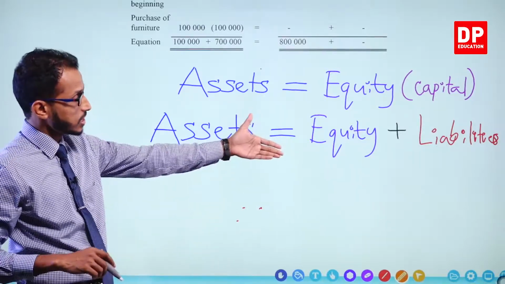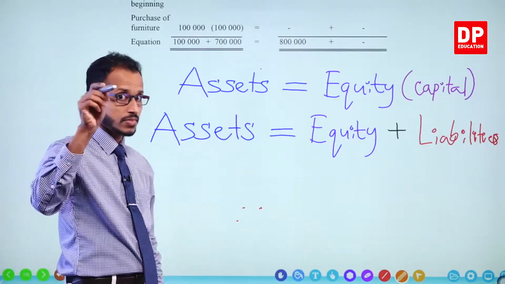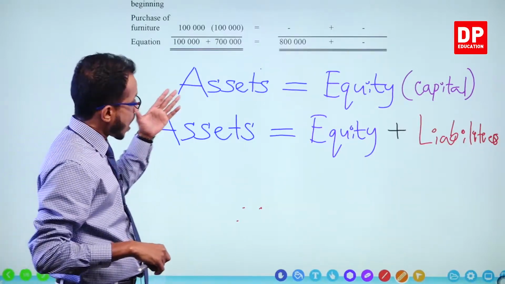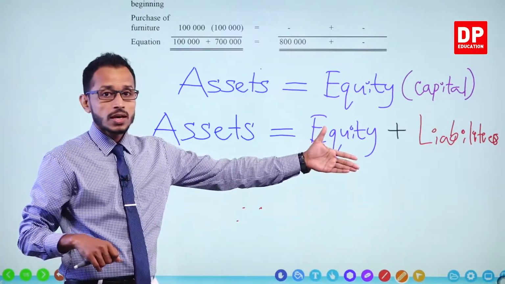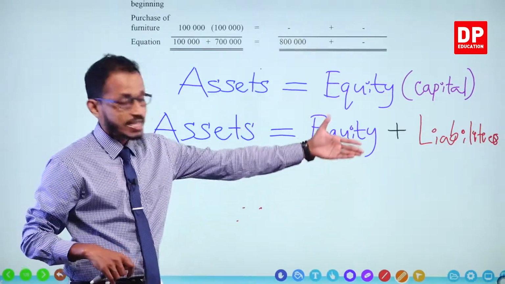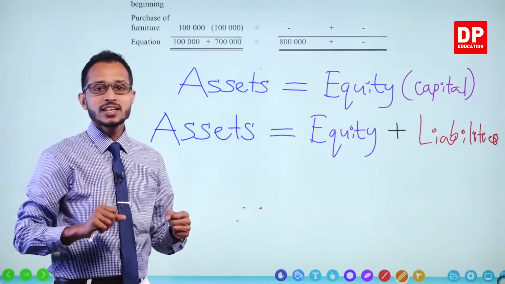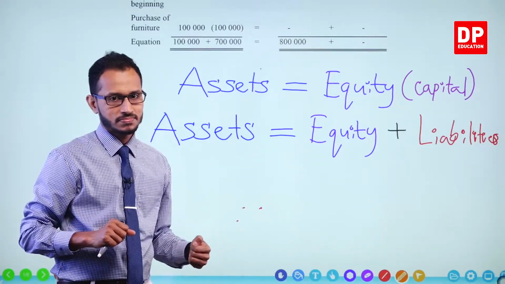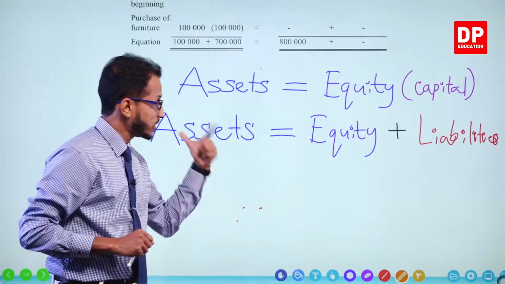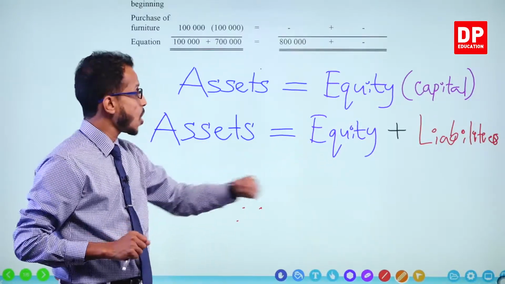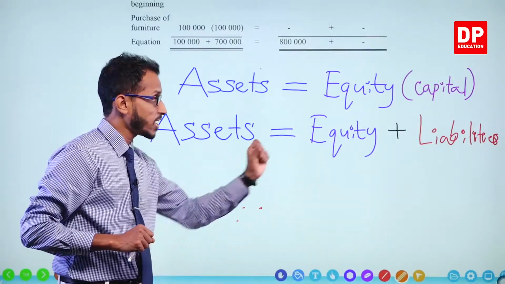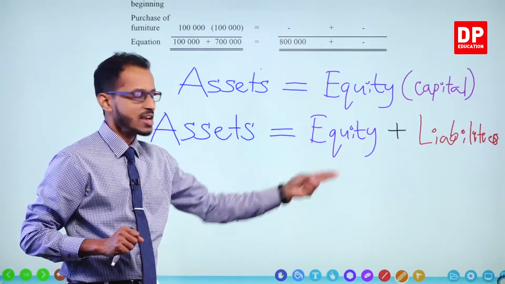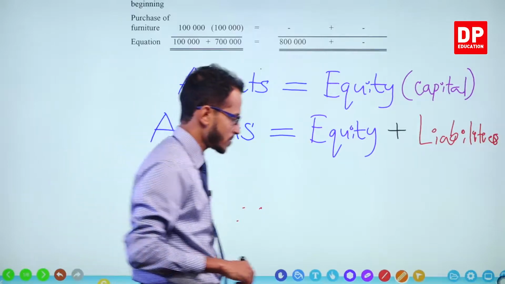Looking at this equation, you can at once understand how it shows the ownership of assets. That is what the equation shows, children.